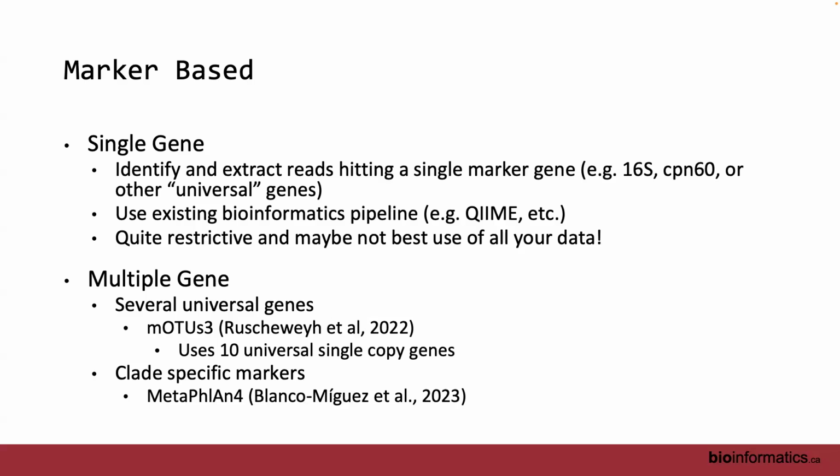The other way is to use multiple genes at a time, and so people have come up with different sets of those. MOTUs is well known. They use 10 universal single copy genes, so imagine 16S plus others. And they use that to, again, identify taxonomy, but even then, with just 10 genes, most of your DNA is not going to be annotated, and so that might be restrictive.